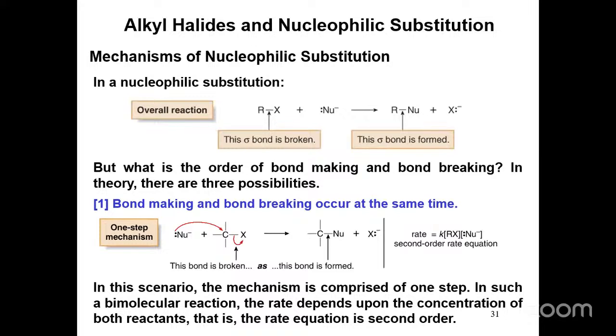Now, the mechanism of the reaction. We have the sigma bond between the halogen and the alkyl group in the alkyl halide broken.